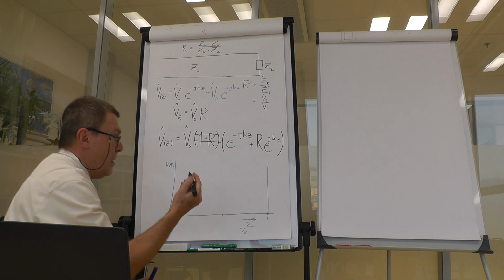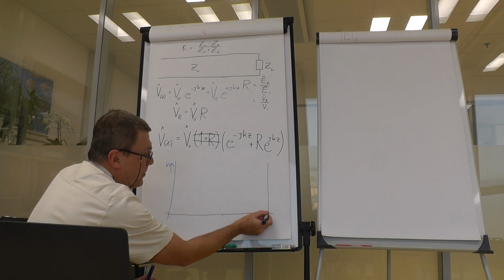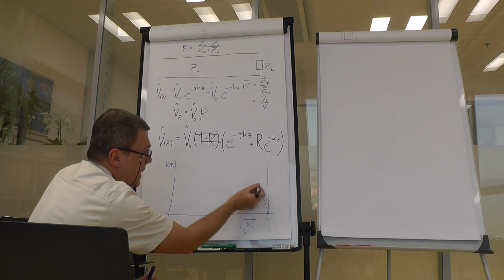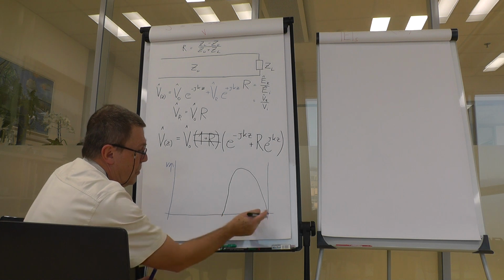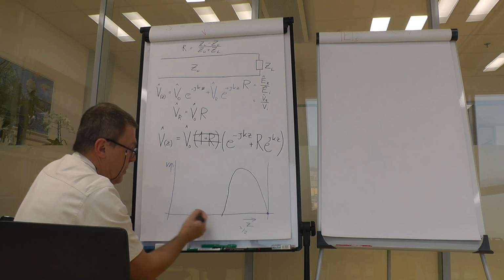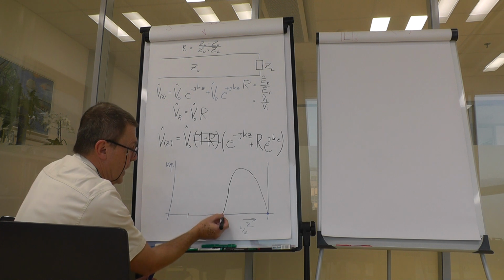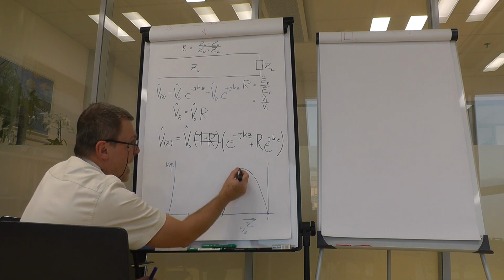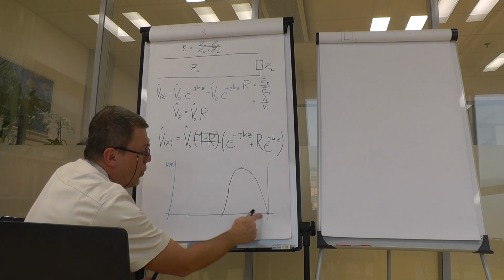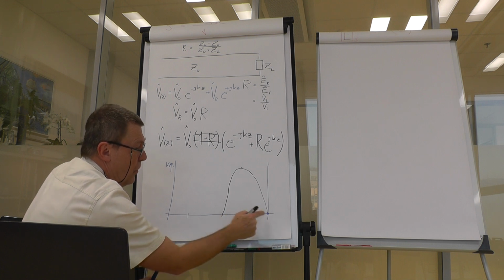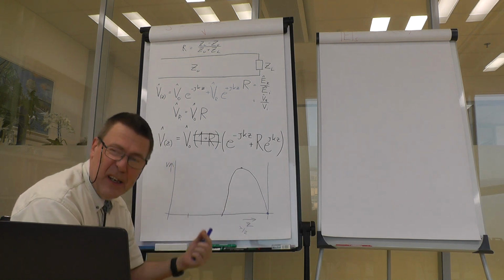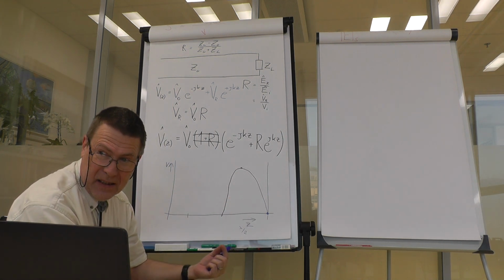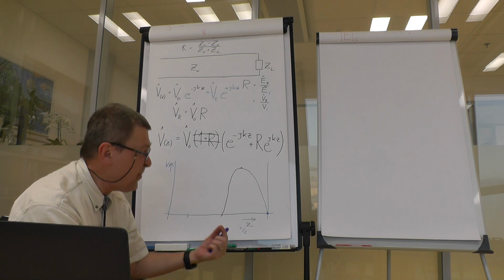So what must happen is that the sum of those two phasors would look like this. And this repeats, of course, each half wavelength. So we would have a maximum 1/4 wavelength from the short when those two waves going there and back would be in phase and they add algebraically.